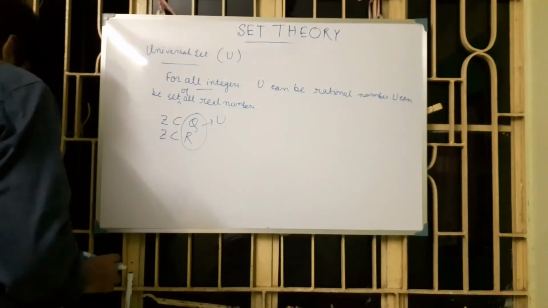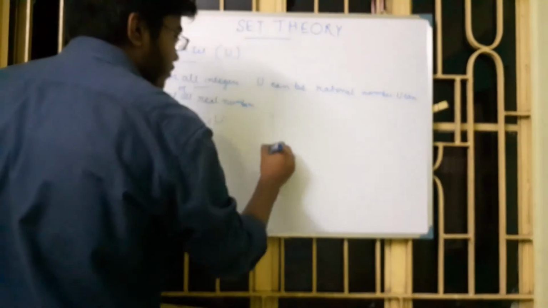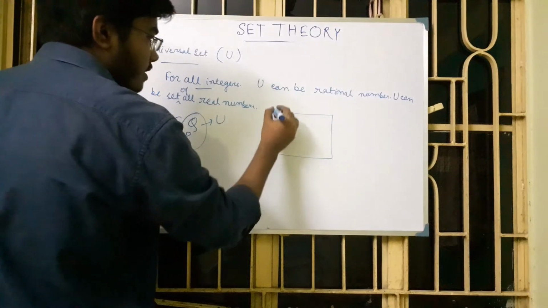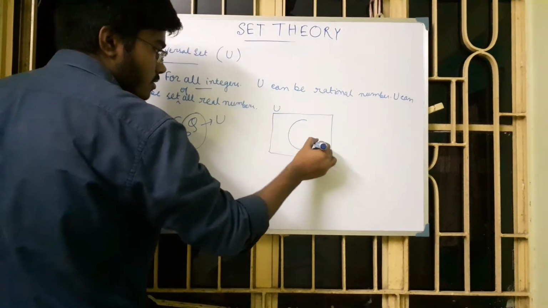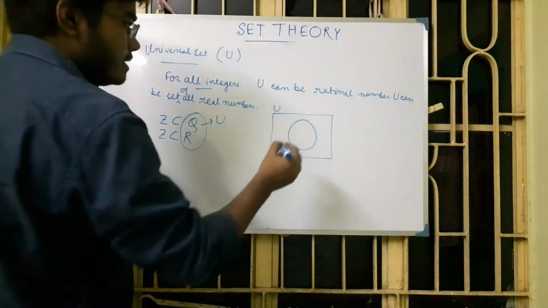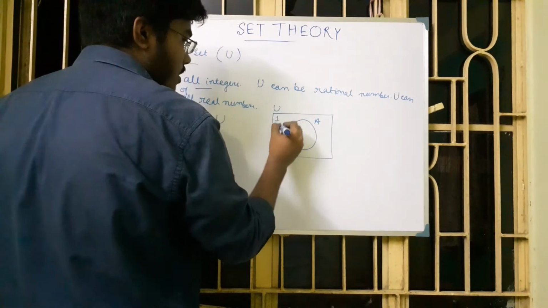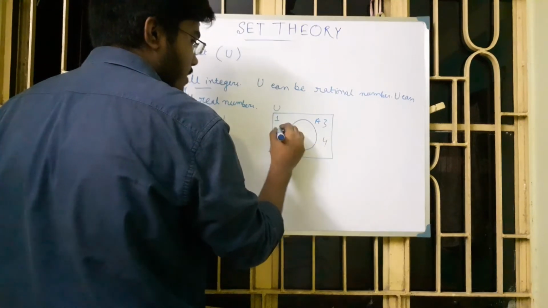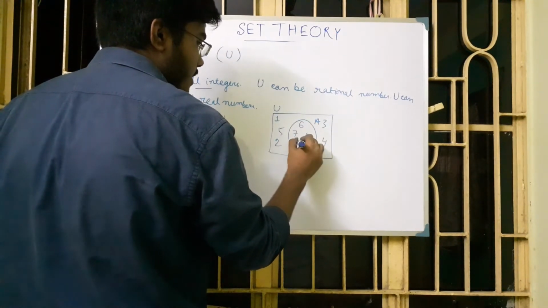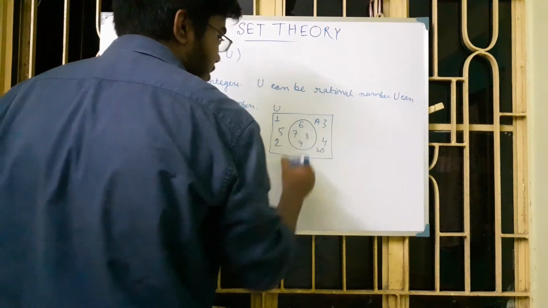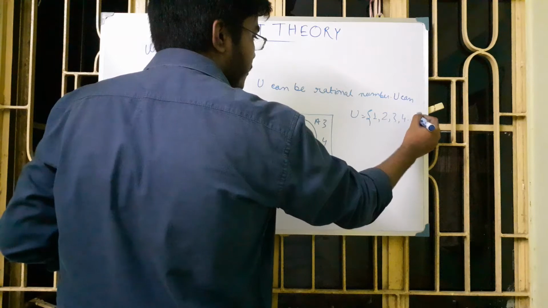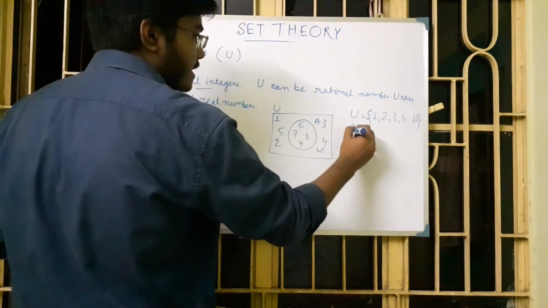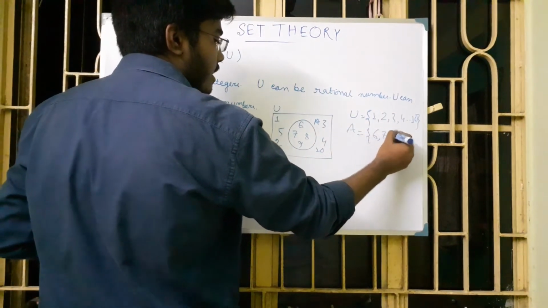Now this is the concept of the universal set. We will discuss it in a diagram. This is the universal set, and this is a set A. The universal set contains 1, 2, 3, 4, everything up to 10, and set A contains 6, 7, 8, and 9.